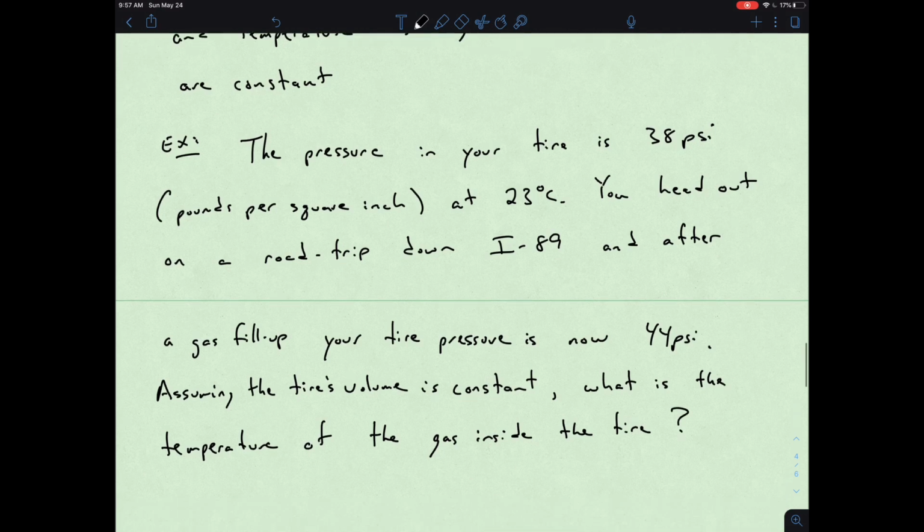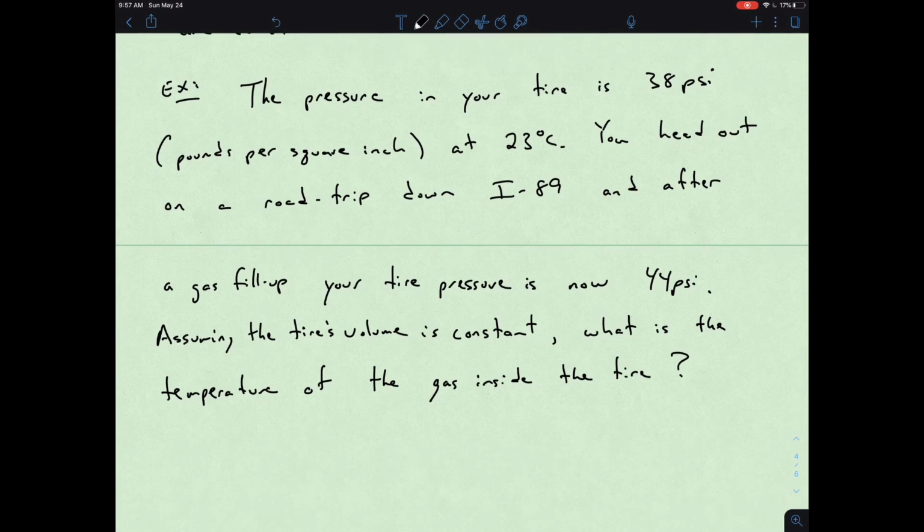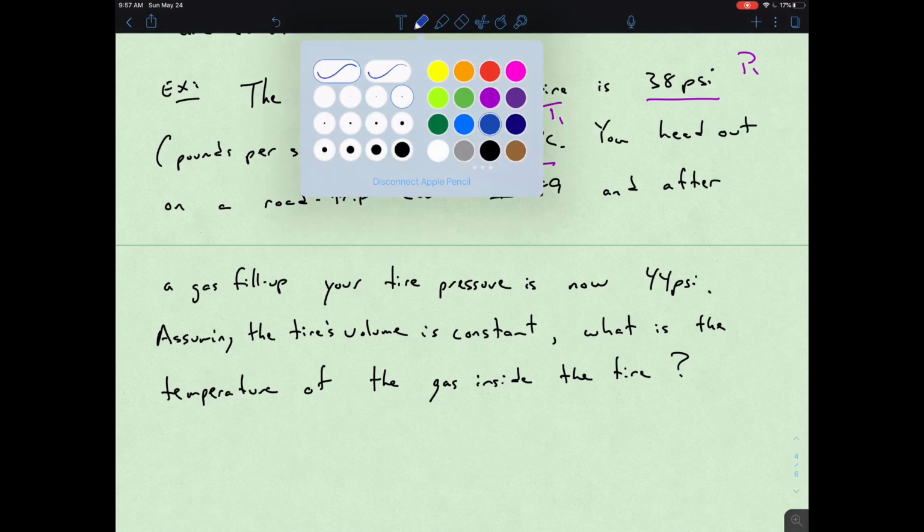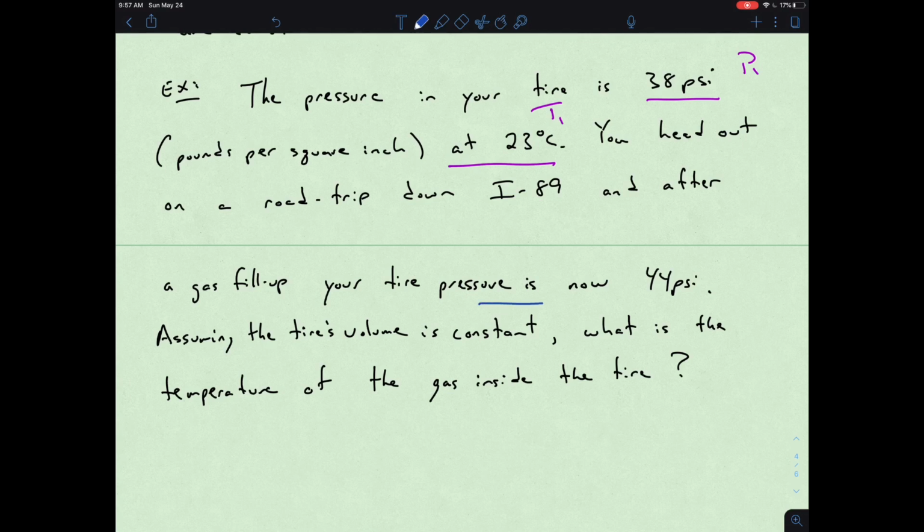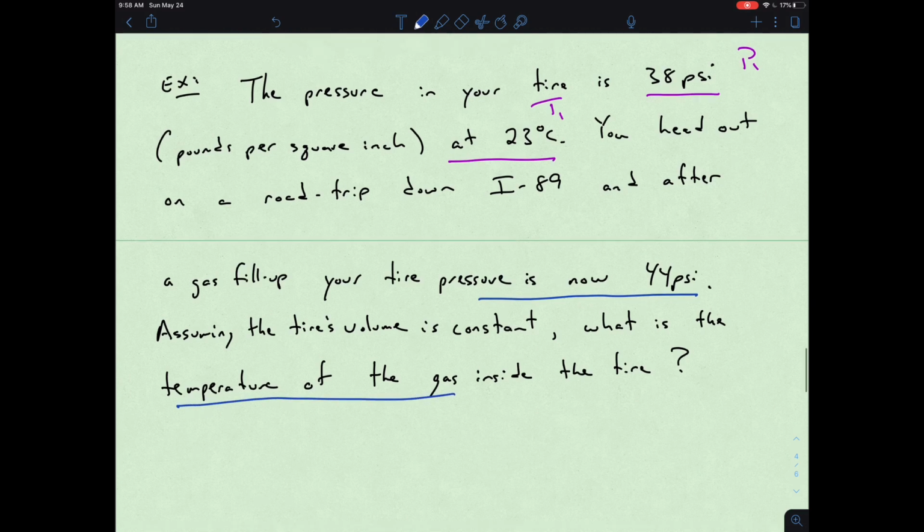So there's our question, right? And again, we see just two sets of conditions. We have this idea of 38 psi at 23 degrees Celsius, so we could say that we have a P1 and a T1. Reading further, there's a lot of fluff to the question, but we end up with the pressure now being 44 psi, and now we're asked for the temperature of the gas.